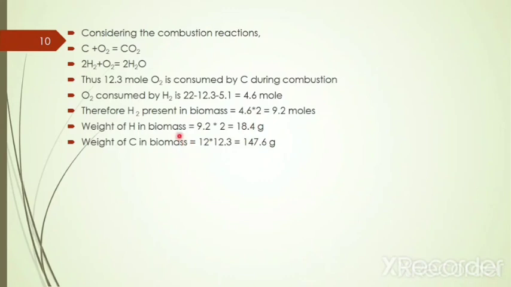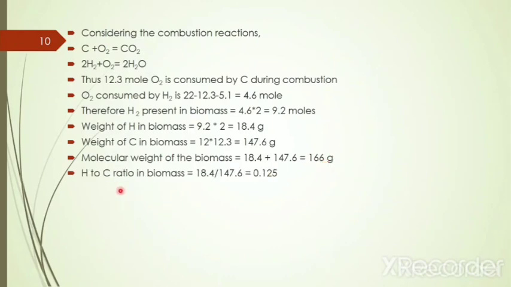So our biomass consists only of carbon and hydrogen, because there is no nitrogen, sulfur, chlorine or other things. So the weight of biomass will be 18.4 plus this, adding these two, we get 166 gram.